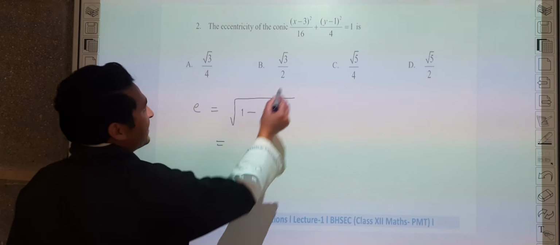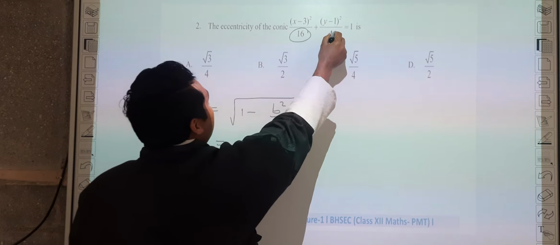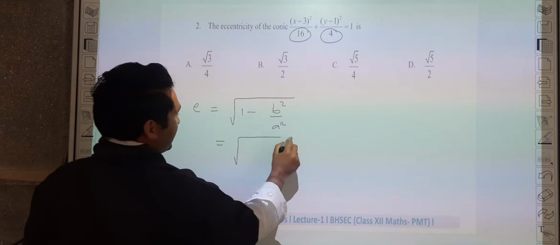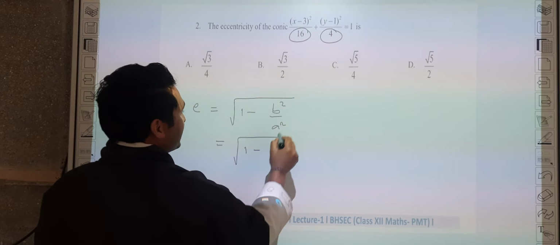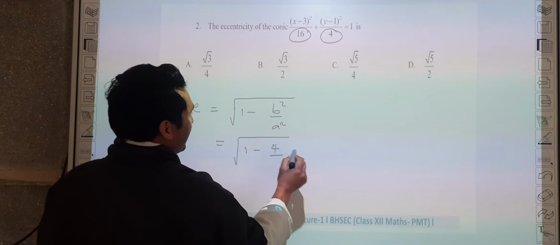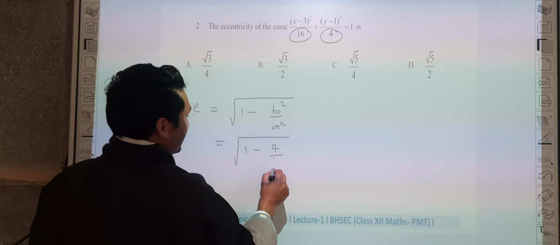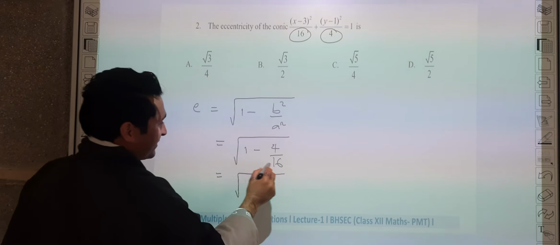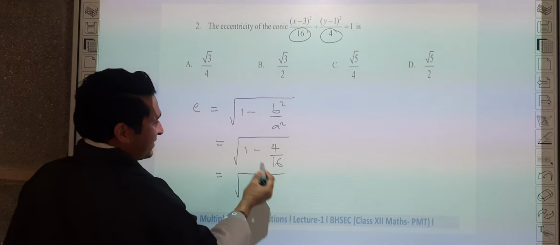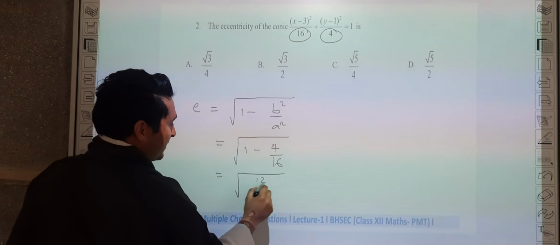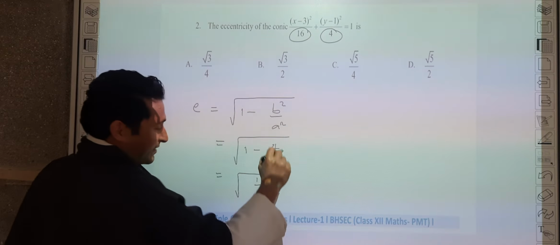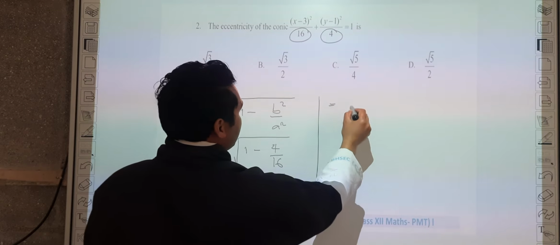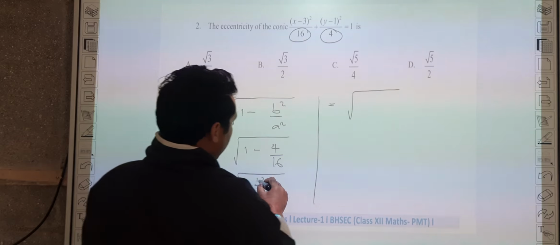When we plug in these values, this is our A square and this is our B square. So just plug in here in our relation. It is 1 minus B square, which we have as 4, divided by A square, which we have as 16. By pure algebra, it is 16 minus 4, which is 12, and our LCM is 16, all under the root.